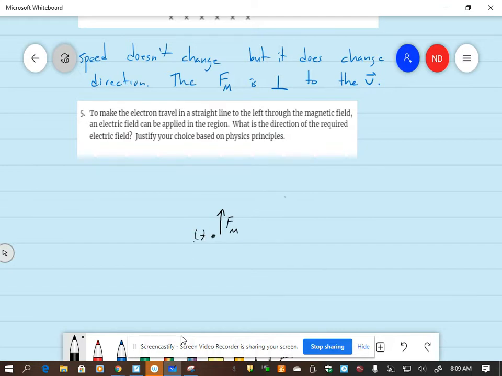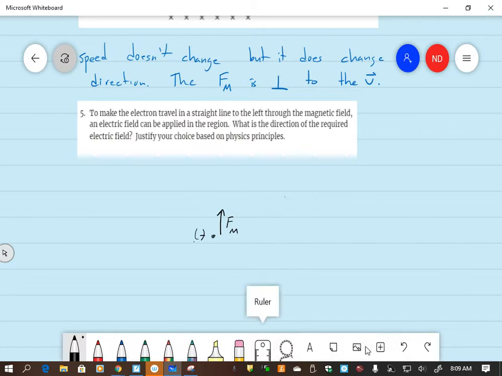On this negative bit, there's a magnetic force there. We need an electrostatic force. To make it go straight, we need an electric force that way. How are we going to get an electric force on a negative bit down?